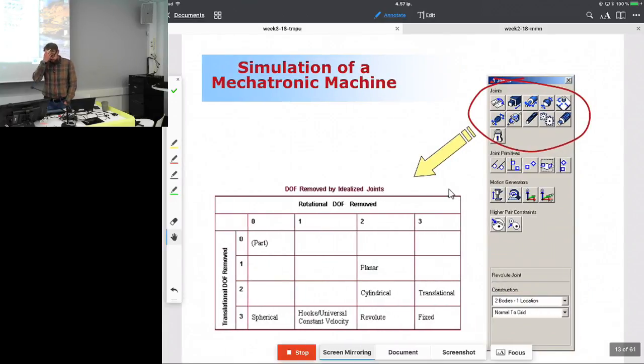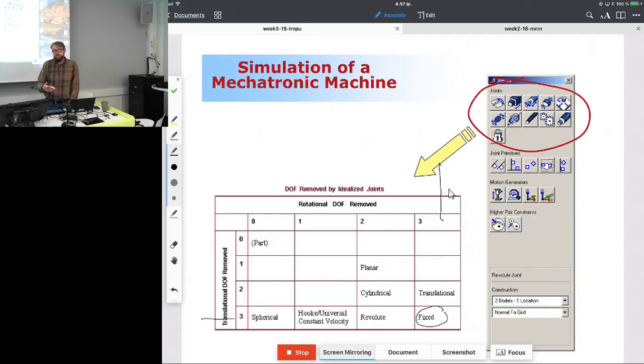All right, what about in 3-dimensional space? If you're using Atom software, these are screen captures from Atom software. This is a matrix that tells how many coordinates are eliminated when you're using different kinds of joints. Let me give you an example. If you're using a fixed joint, the one shown here, then you will eliminate 3 rotational degrees of freedom and 3 translational degrees of freedom.